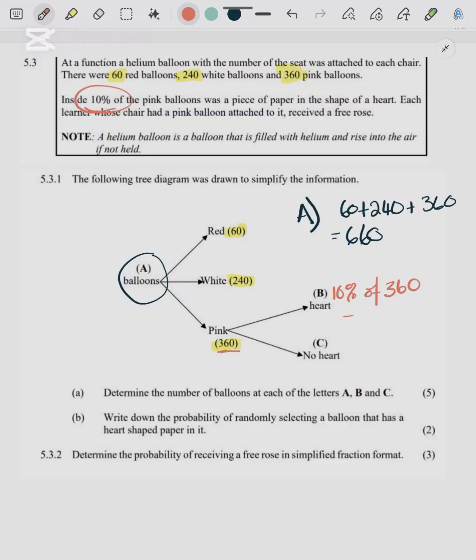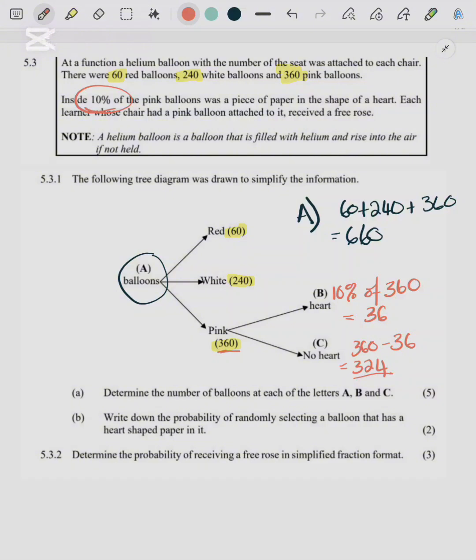So 10% of 360 is 36, and that would give us B. And then the last one we have is the ones that don't have the heart. You can either do this by saying, if 360 of them are in total, take out the 36 that have hearts, we're going to be left with 324. Or you could have said what was 90% of 360. Both will work.